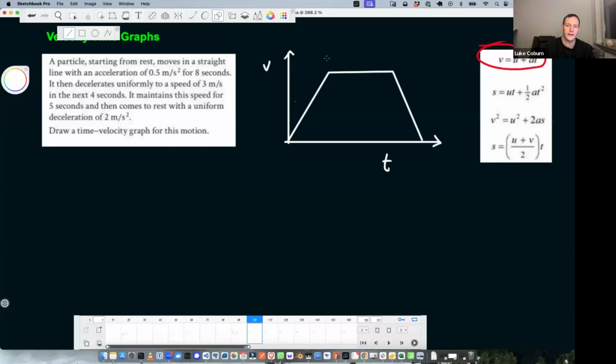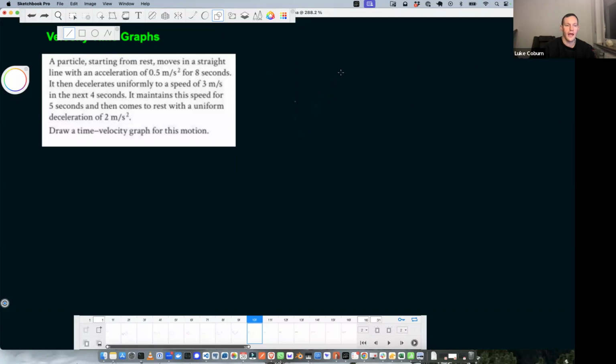It's not always going to be like that, but it's often going to be like that. Sometimes they just accelerate and then decelerate, or sometimes they accelerate and then stay at a constant speed. What we have to do is look at the picture and basically make the graph from the picture.